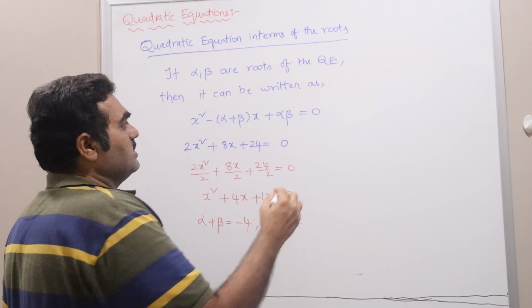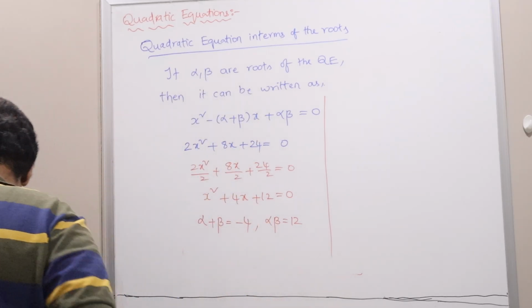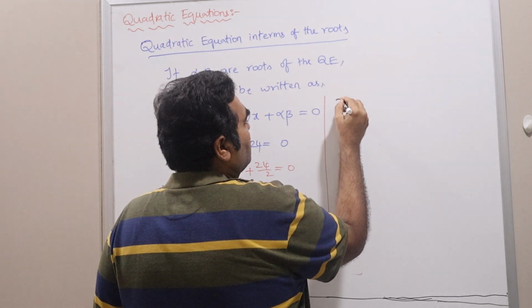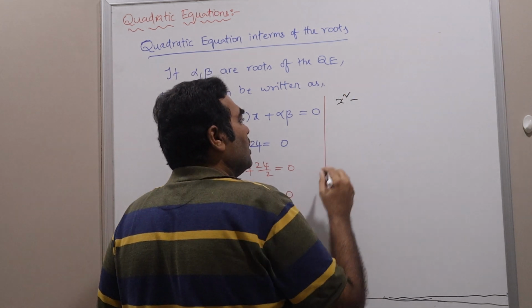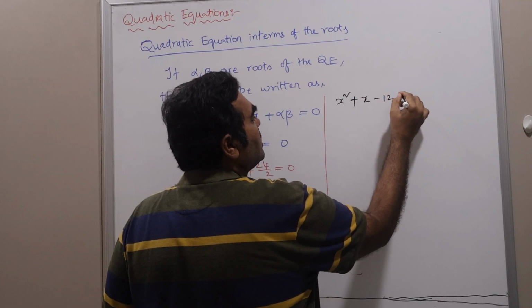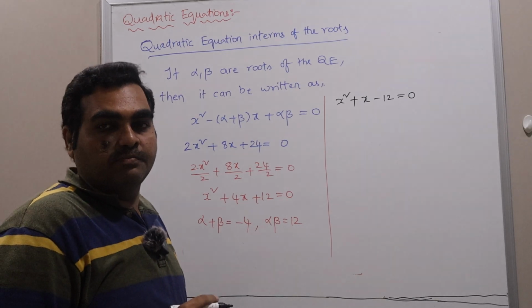For example, let us solve a problem here. Let us suppose that this is your given equation, x square plus x minus 12 is equal to 0. This is your given quadratic equation.